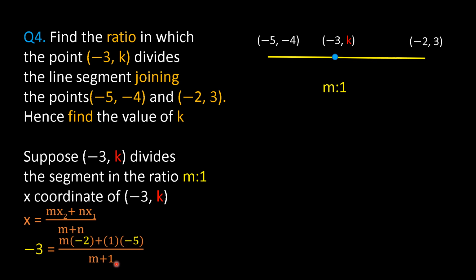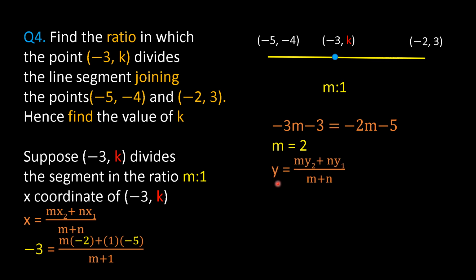upon m plus 1. So that gives us, by cross multiplication, minus 3m minus 3 equals minus 2m minus 5. So that gives us m equals 2. So now the ratio becomes 2:1. So by using 2:1 we will find the y coordinate, which is k.